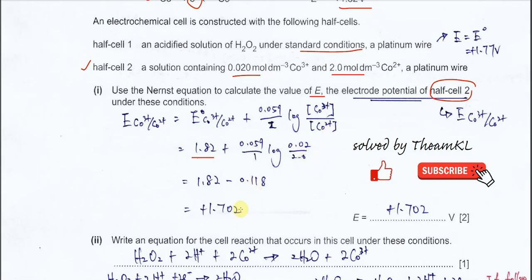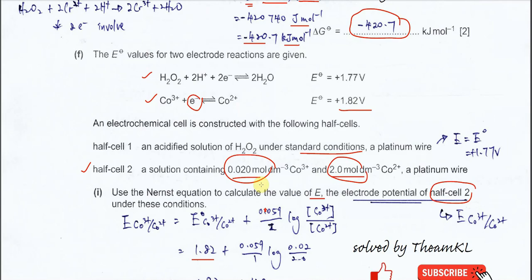After that, you get positive 1.702. So this is the potential for the half cell now, with the concentrations that are given. And we know that it's actually smaller than the hydrogen peroxide half cell.